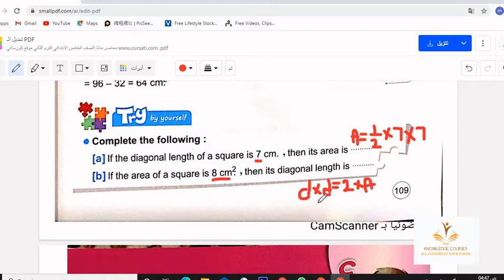So D multiply D equal 2 multiply 8 equal 16. So D equal 4. 4 multiply 4 equal 16. Okay.